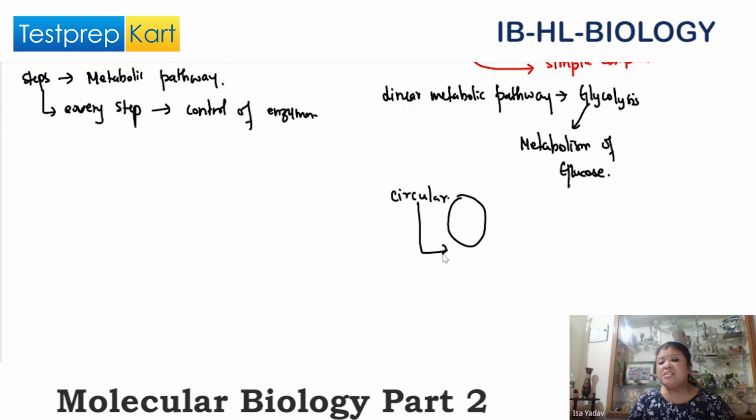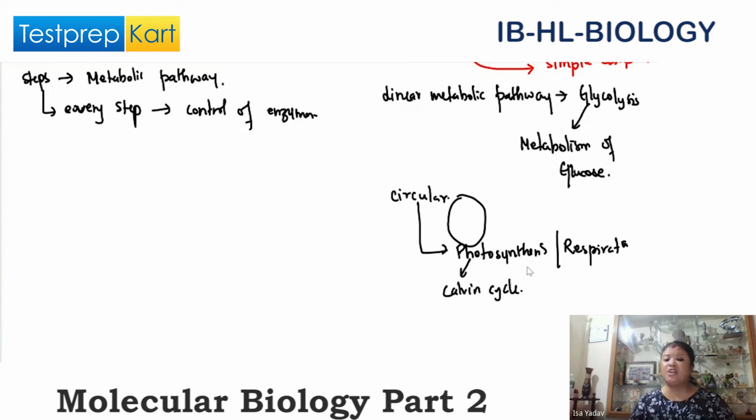We see this in photosynthesis, the Calvin cycle, which is the dark reaction, and also in respiration, the Krebs cycle. So a metabolic pathway can either be linear or circular. Is this point clear?